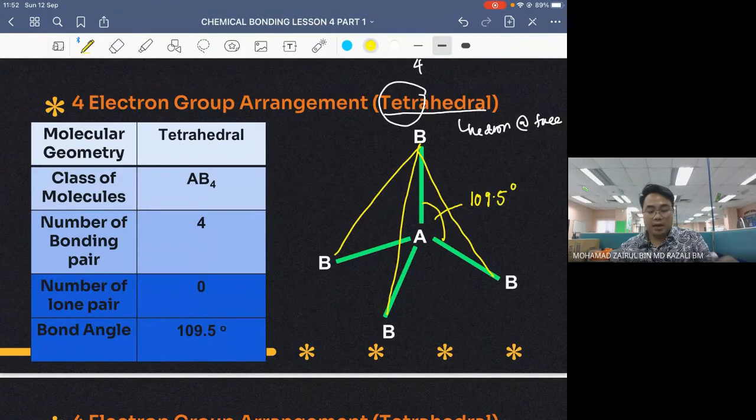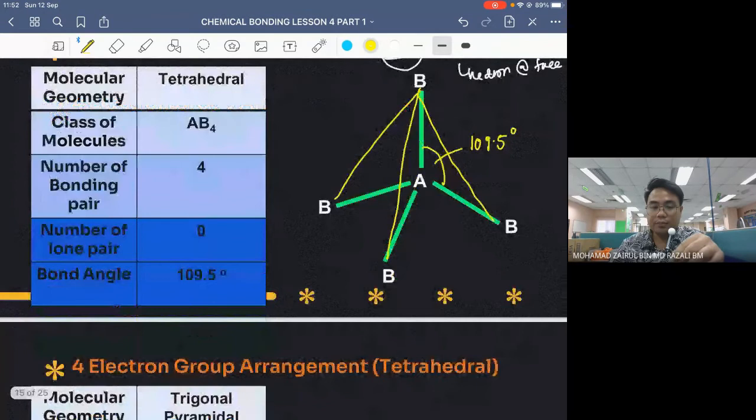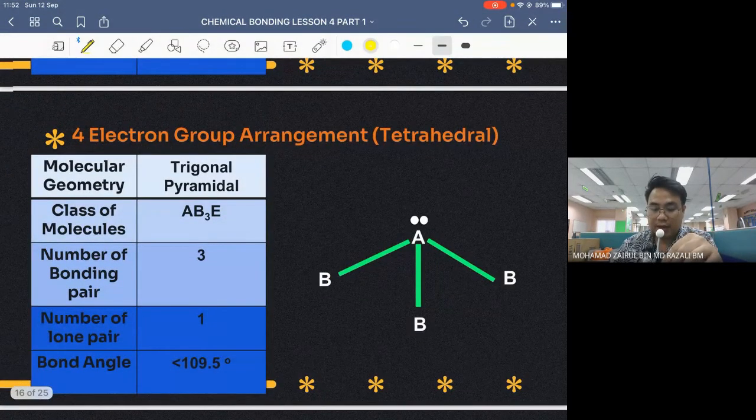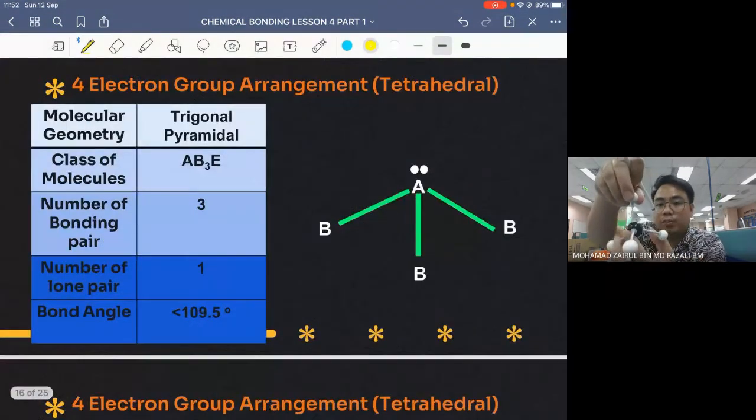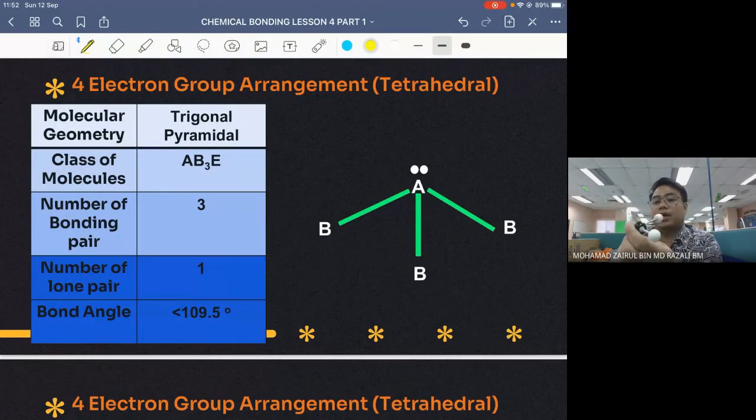So kalau saya remove one of the bonding pair from the tetrahedral, so sekarang ini number of bonding pair dia adalah 3. 1, 2, 3. Ini adalah number of bonding pair. Dan sini kita akan ada satu lone pair.